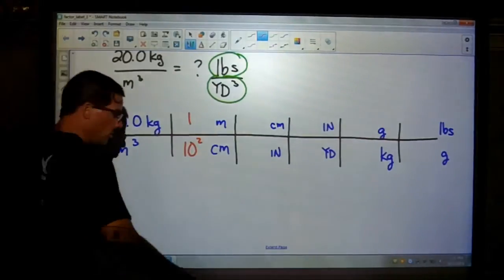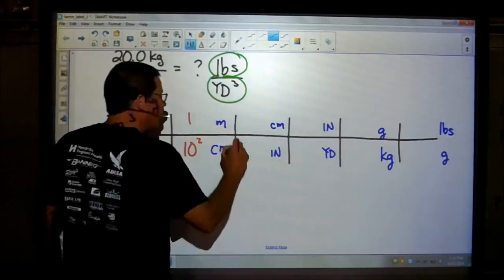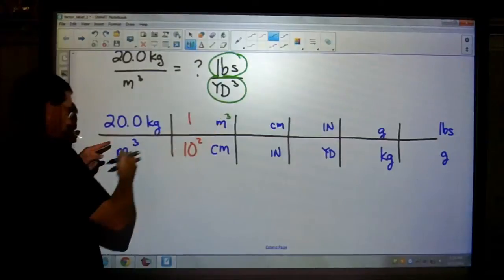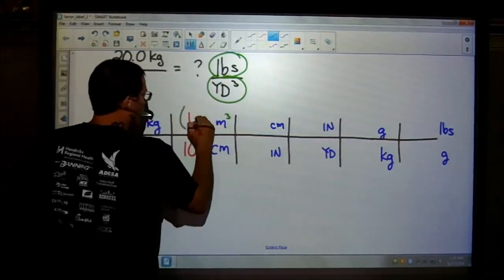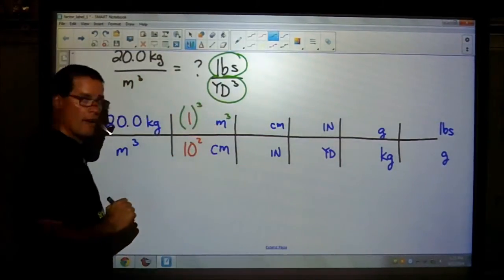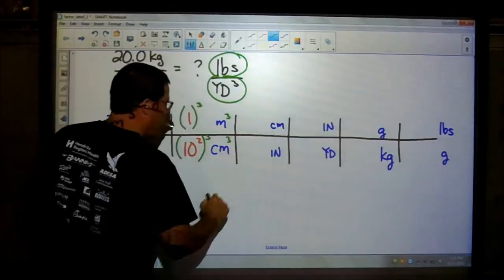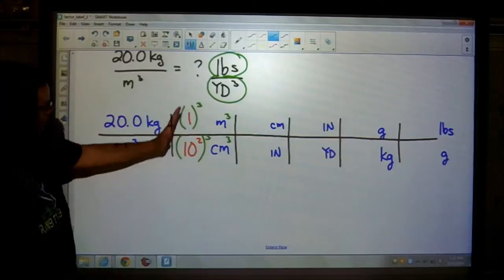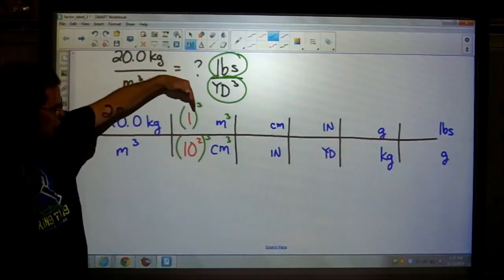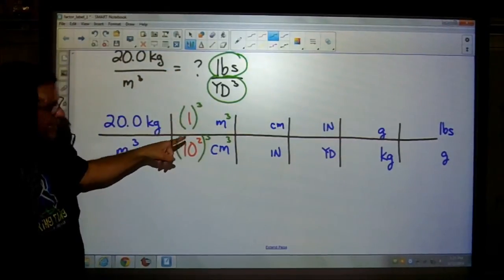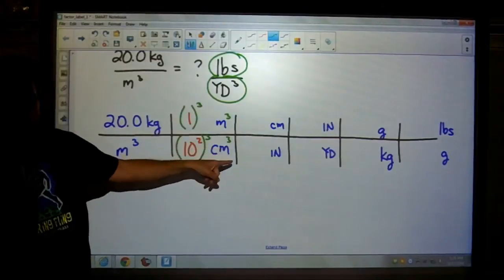Now, since this is cubed, what that means is we need to cube these guys up. Okay, so now that my meters cubed can cancel, what that means is I cube that value as well as cubing this and that. Okay. So now, if I said I had 1 meter cubed, that actually means that I have 10 to the 6 centimeters cubed.